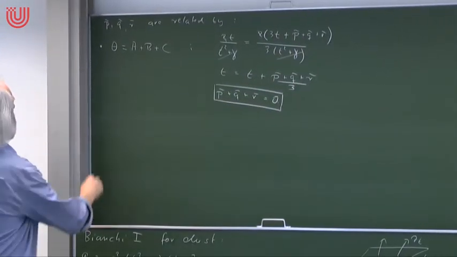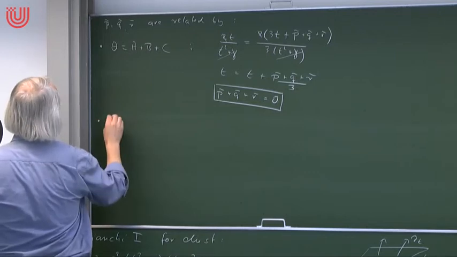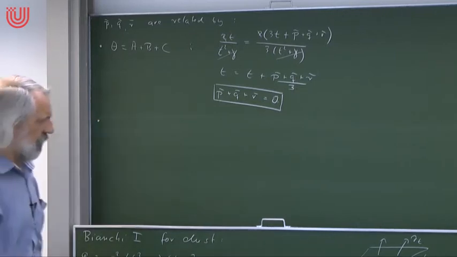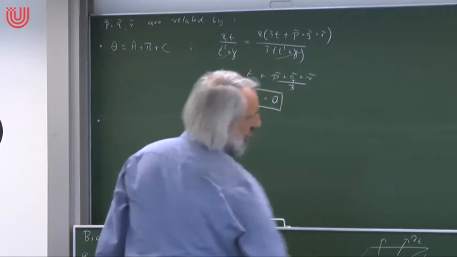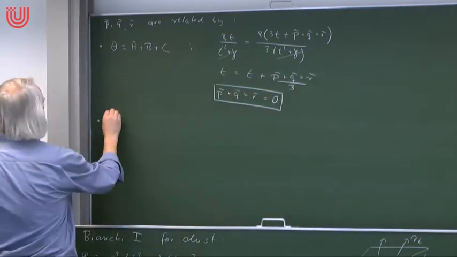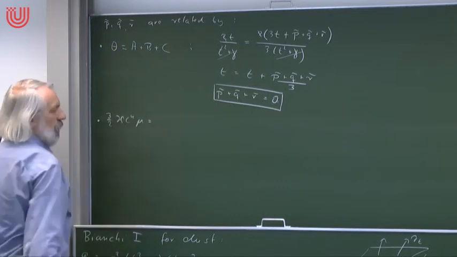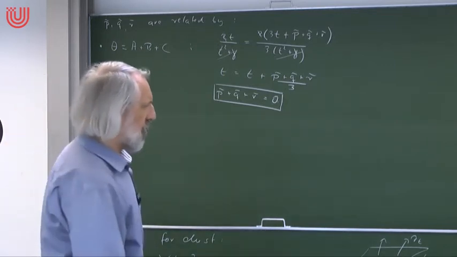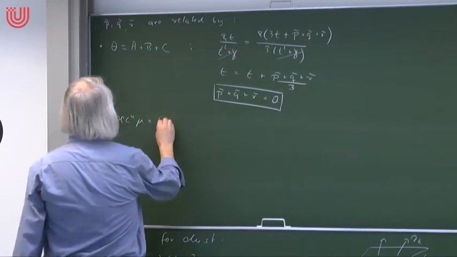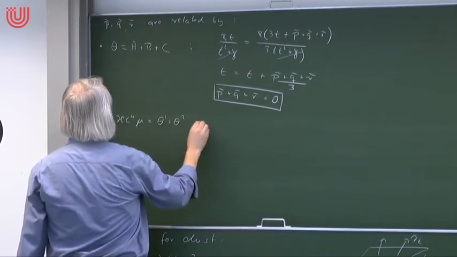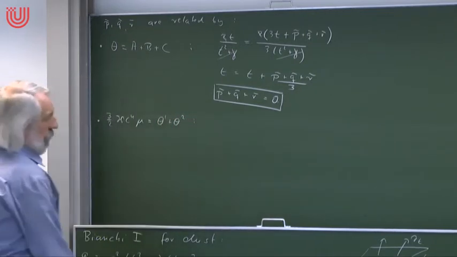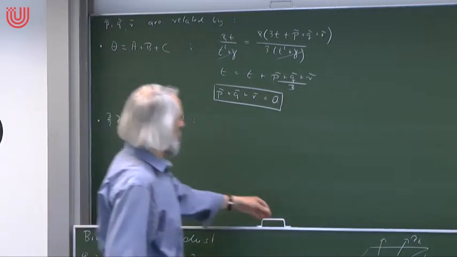And then we had this expression for the density. This is E5 down there: 3/2 kappa c to the 4 mu was theta prime plus theta squared.